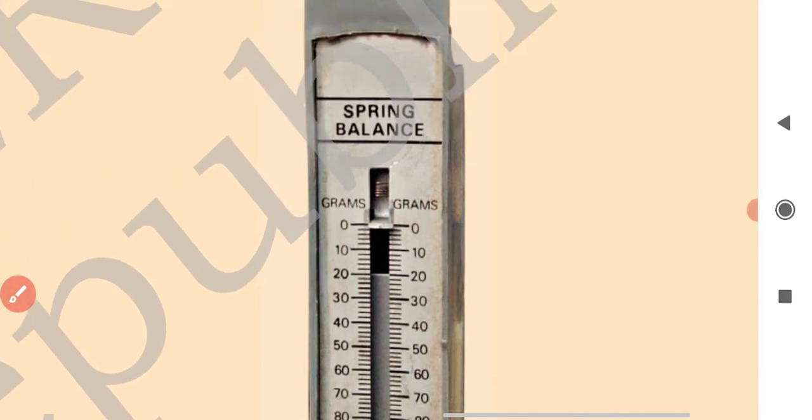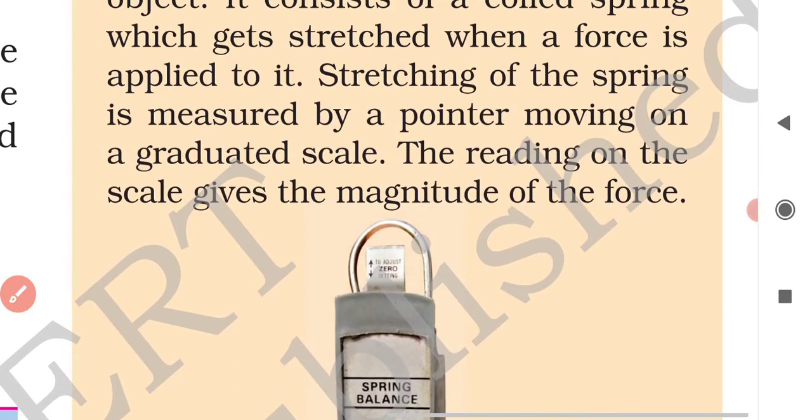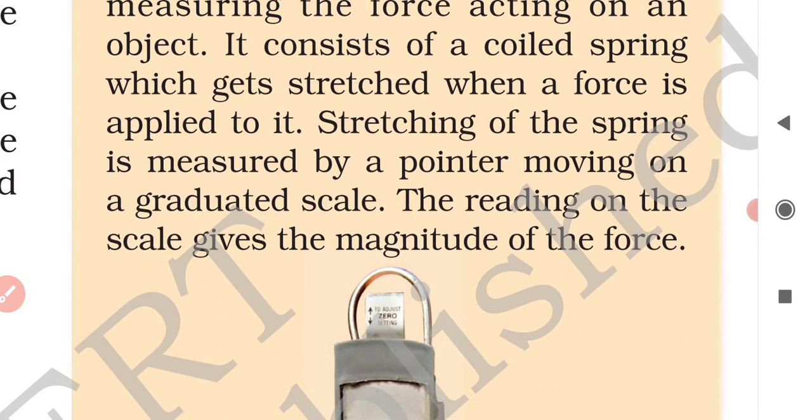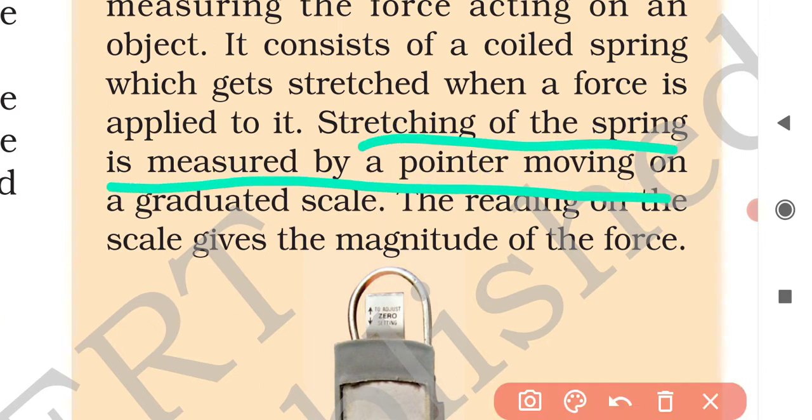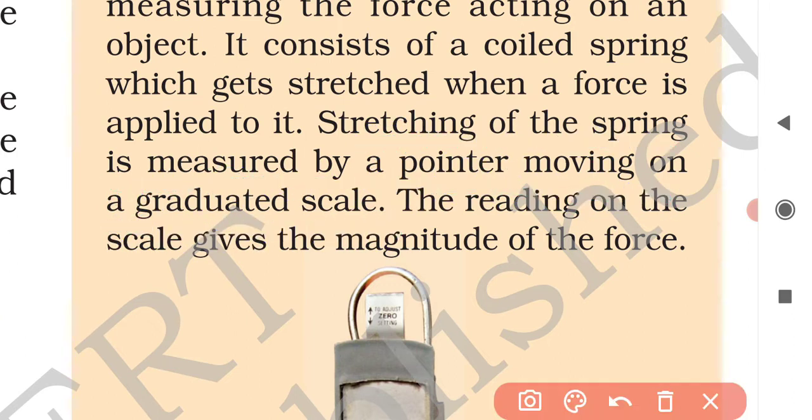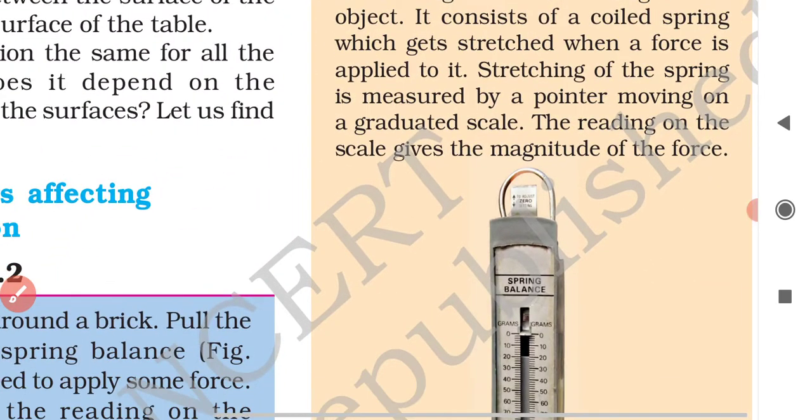This pointer will help to determine the actual force on the scale of the spring balance. So the reading on the scale gives the magnitude of the force. Okay, so this is about the spring balance.